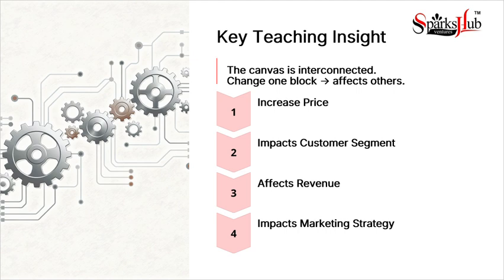It will also impact your marketing strategy because if you're increasing price, you need to also increase or change the marketing strategy you're using to attract the people who can afford the price that you have increased your product or service to.